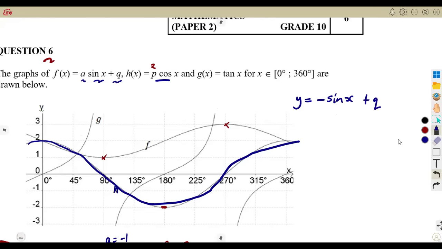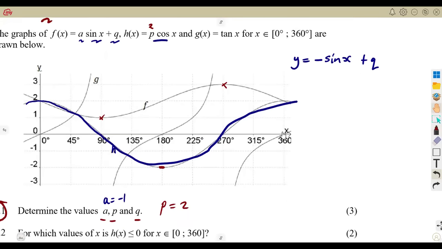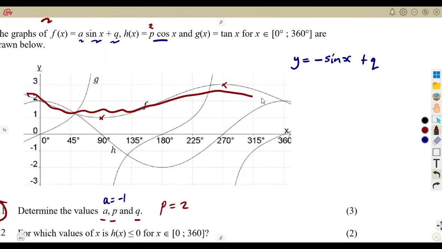So you can find the value of Q by substituting any corresponding point that is given on your graph of F. Remember, this is the graph of F. You can just substitute any corresponding point like this one. 90 corresponds with what? With 1.